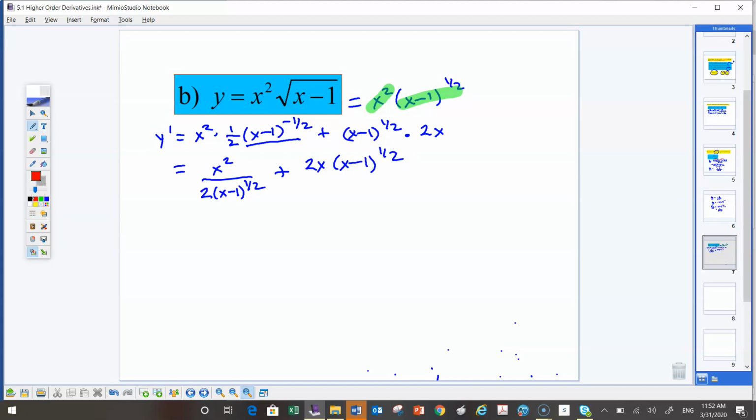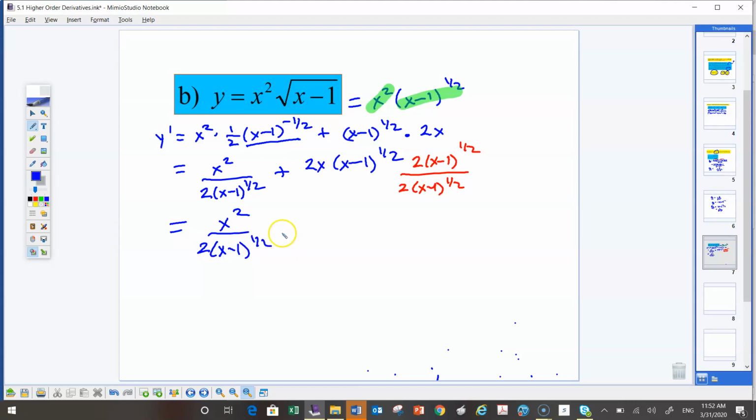And the last thing I'm going to do before I take the second derivative is get a common denominator. So I'm going to multiply this by 2 x minus 1 to the 1/2 all over 2 x minus 1 to the 1/2.